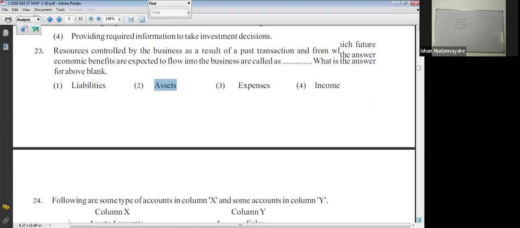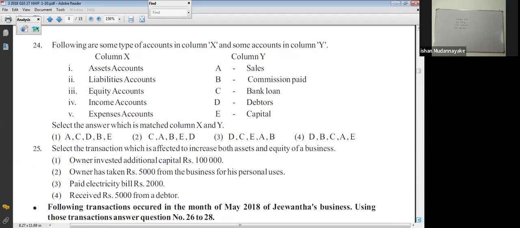Right, next one. Look at question number 24. What is the answer for question number 24?